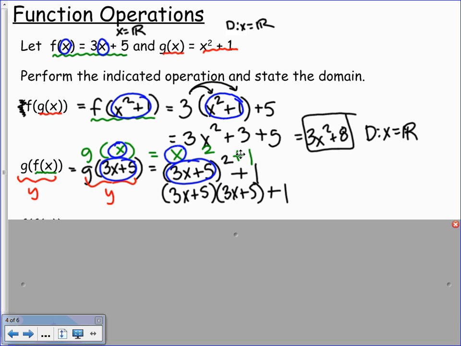Then you could FOIL this out and combine like terms to get your final answer. So I'd get something like 9x squared plus 15x plus 15x plus 25, and then the plus 1, and then combine like terms. So 9x squared plus 30x plus 26.